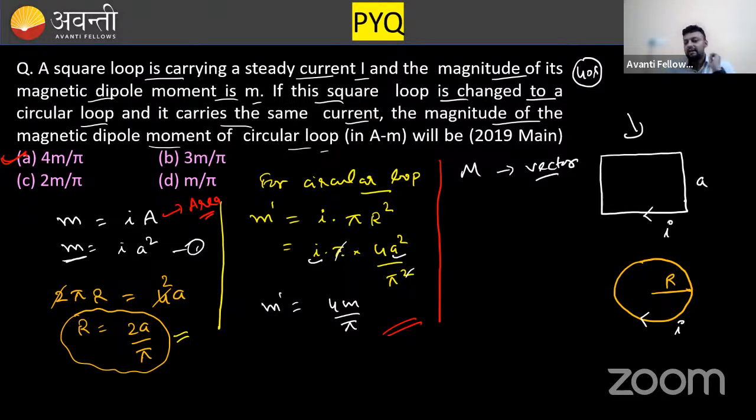If you curl the fingers of your right hand in the anti-clockwise direction, the thumb will point into the plane of the screen. So that's how you can find the direction of magnetic moment. I hope this statement is also clear. Say yes or no. I will move further for the next question.